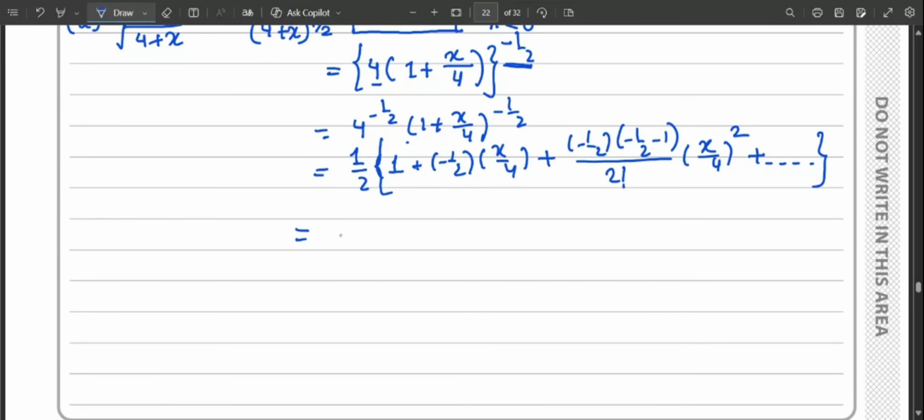This is our expansion. Now we can simplify inside the brackets. So 1 minus x by 8, and then we have plus minus half into minus 3 by 2 will give us 3 by 4 divided by 2, 3 by 8.